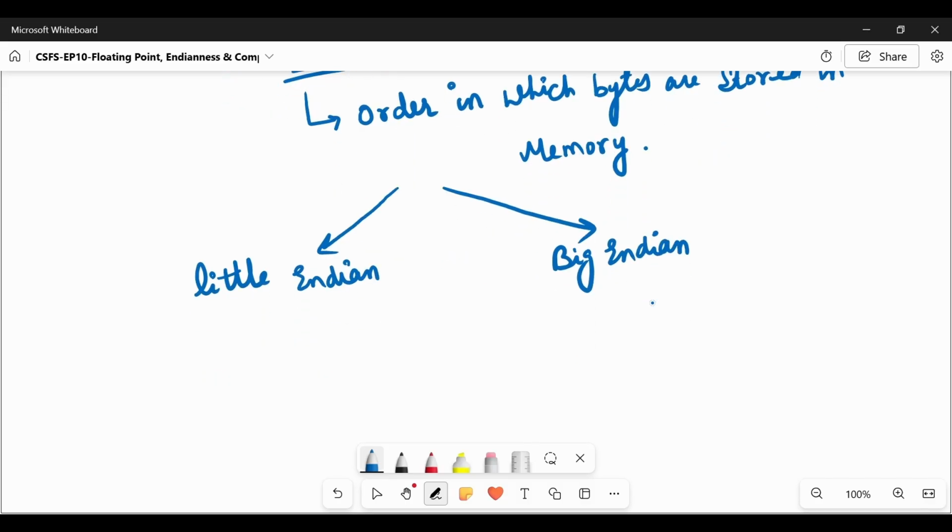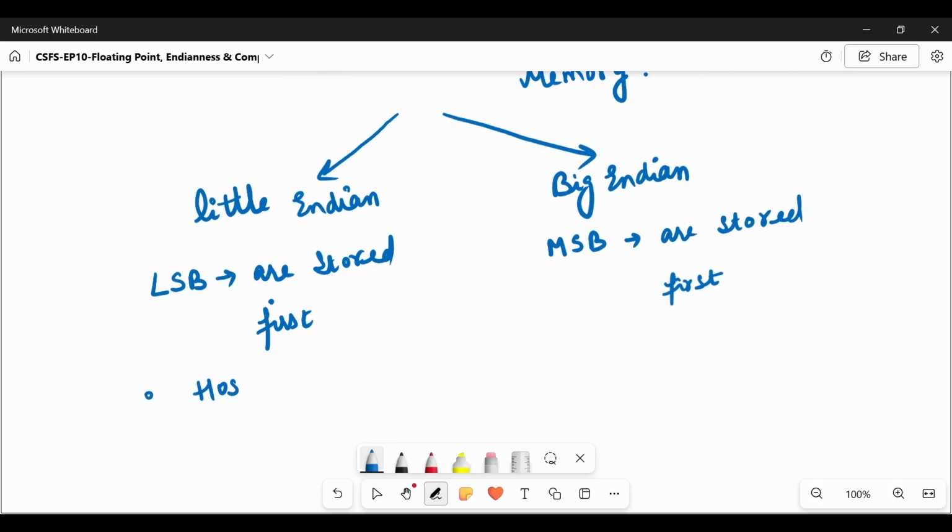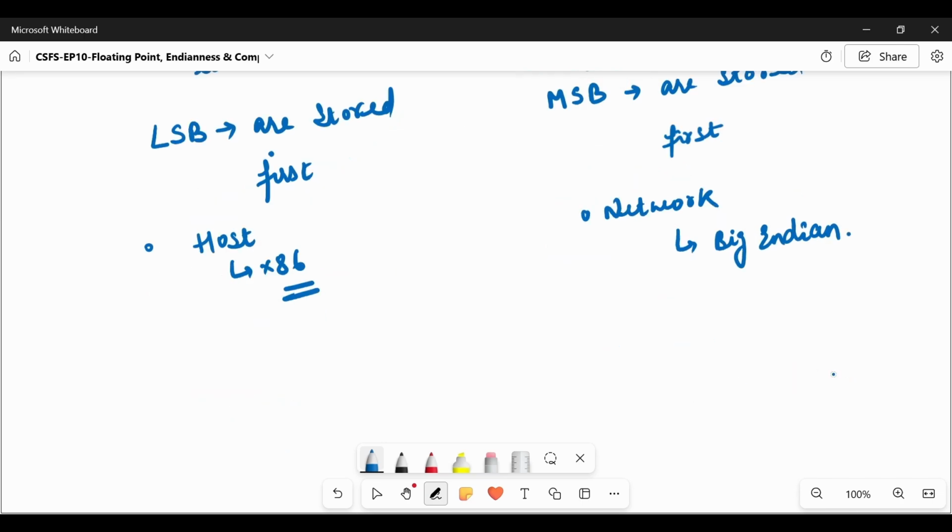We have two types of endianness, little endian and big endian. In little endian, the least significant bytes are stored first, whereas in big endian, the most significant bytes are stored first. Hosts like x86 are little endian, whereas all network packets are based on big endian. And this becomes very important when we have to send and receive network packets across our devices.